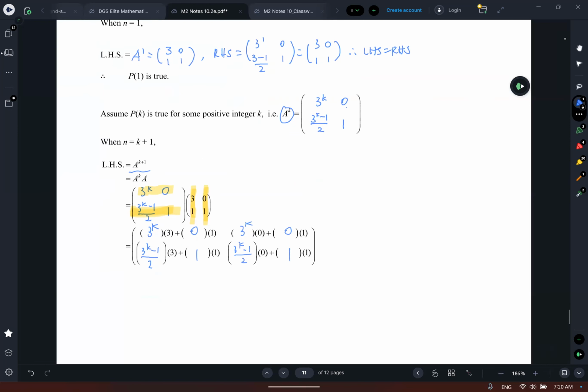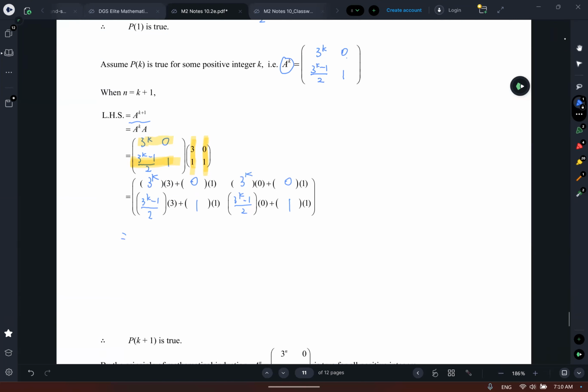And this one, you can simplify it. I know it's not easy, but you can. That's the first value. The second value is 3 to the k plus 1 plus 3, oh no, minus 3 plus 1. And this one is 1.